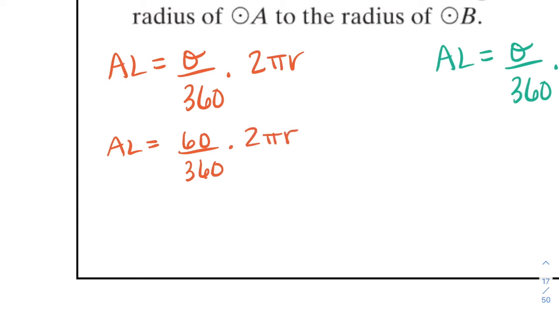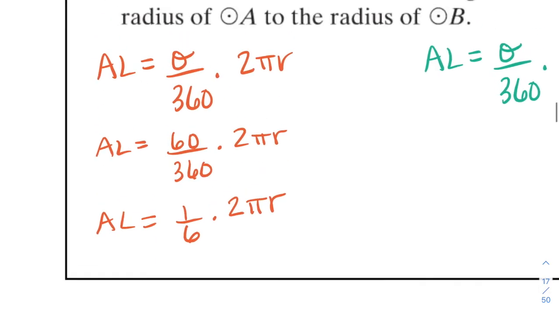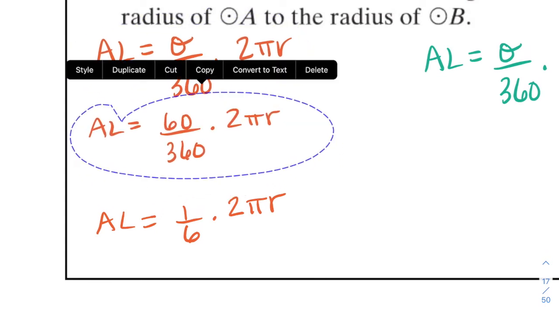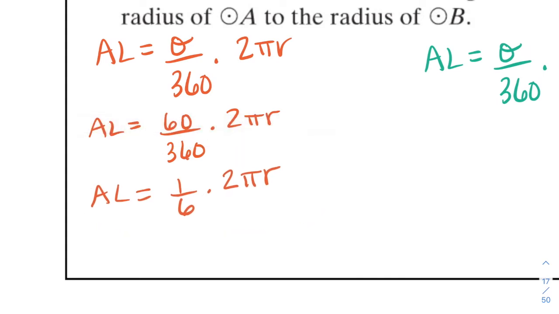times 2 pi r. So arc length for this one is 1 over 6 times 2 pi r. What I'm doing is I don't know what the radius is, so I'm leaving it a variable.